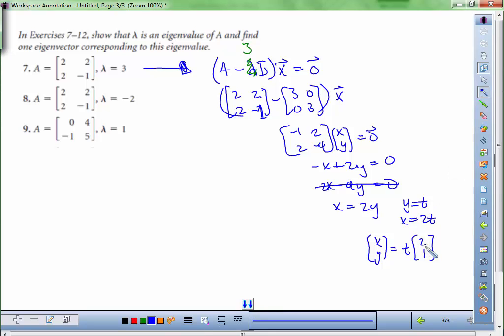So we have a vector in the eigenspace. And so we just have to make sure that that works. Let's see if that'll work.